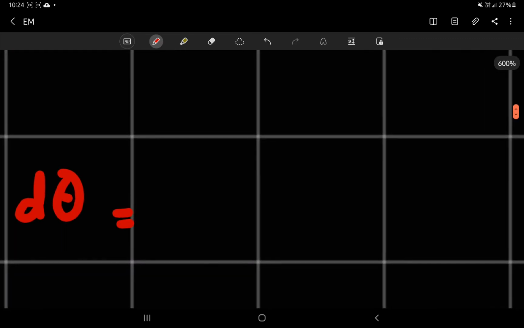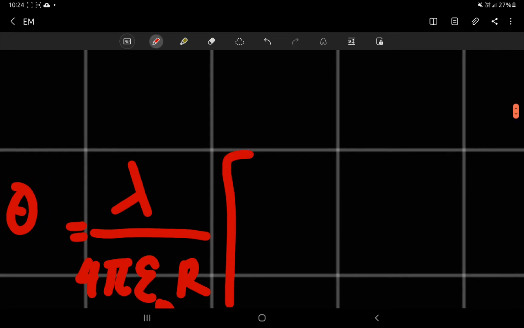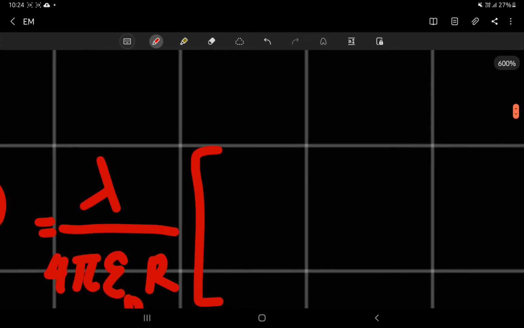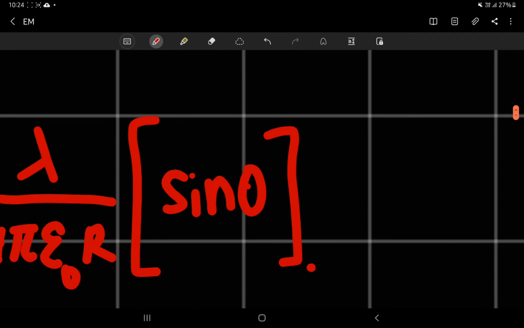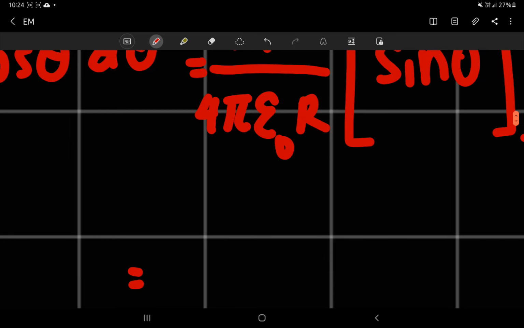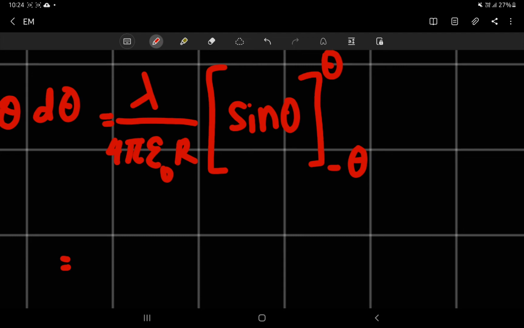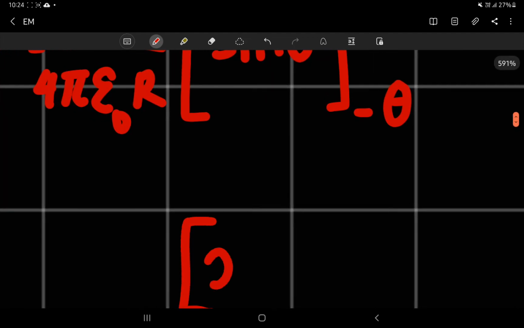The integral of cos theta is sine theta, evaluated from minus theta to theta, which gives 2 sine theta.